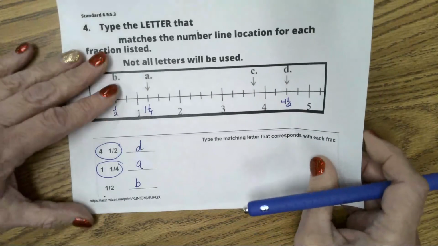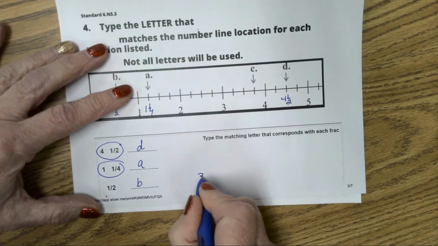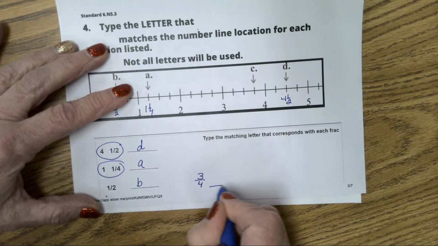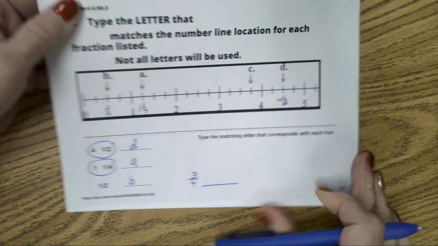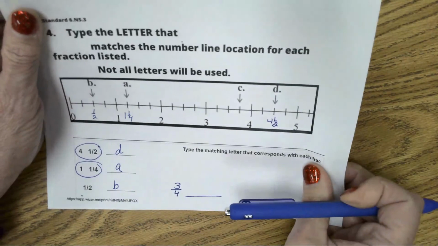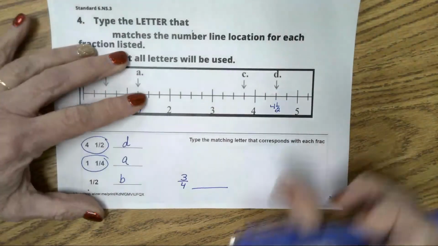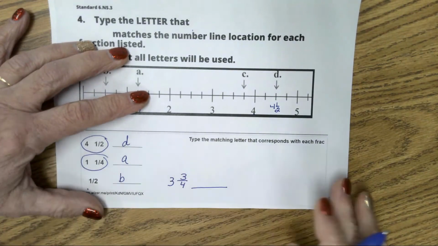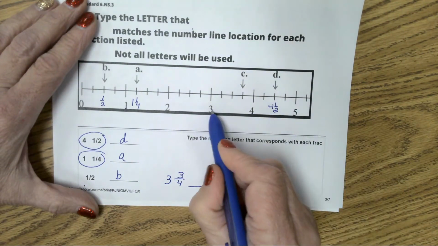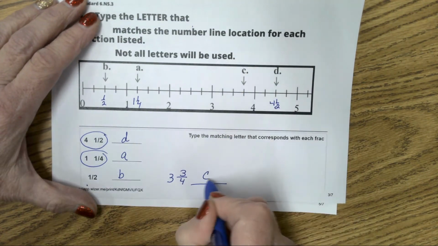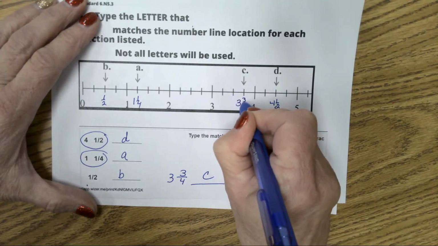Let's just go ahead and add 3/4. Is it 3/4? 3 3/4, excuse me on that one. 3 3/4 is C.